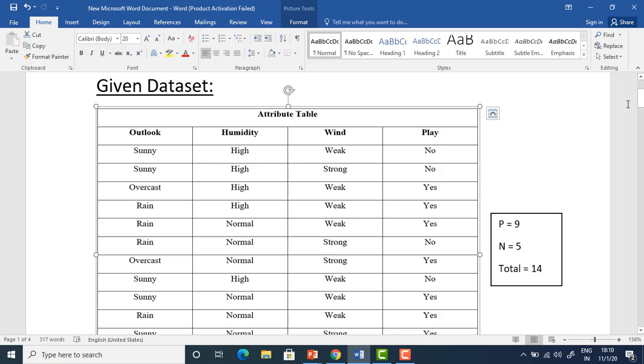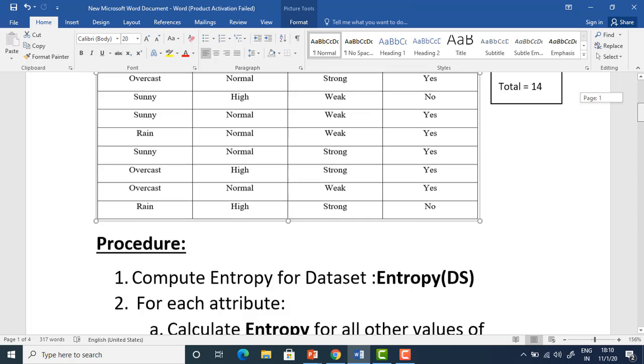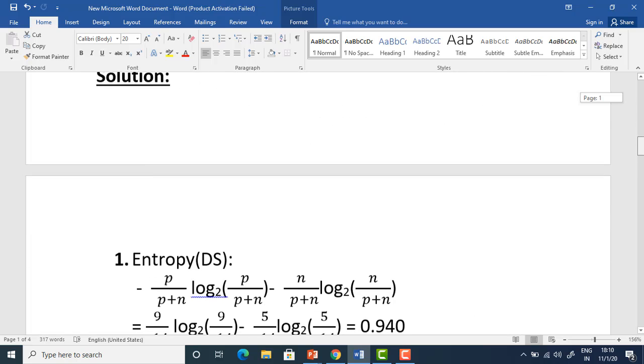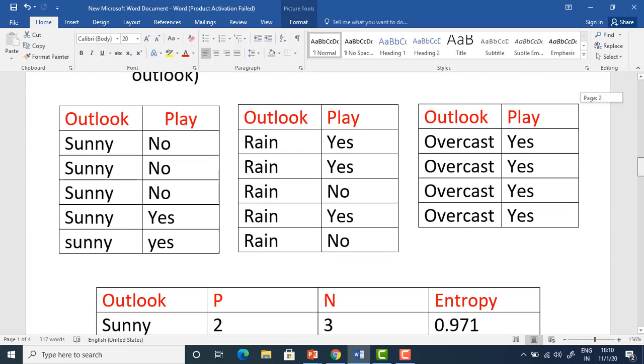Now I've given the entire information in tabular format. I have taken the outlook attribute, which has 3 different values: sunny, rain, and overcast. I've taken all those records which have sunny, and I have specified the label values also. From the data set you can find the labels.